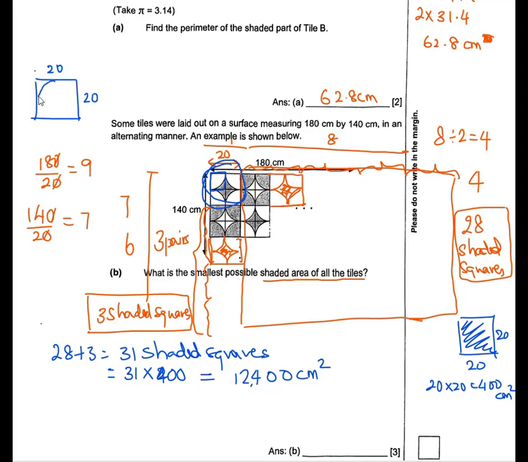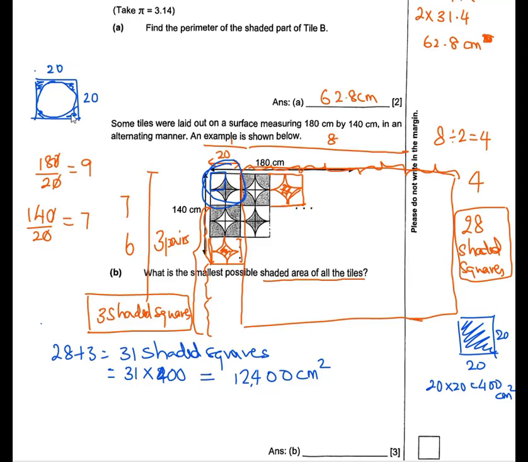Consider this as one circle. Now this is the shaded region. If I want to find the shaded region, I find the area of the square, and from that I subtract the area of the circle. What is left is the area of the shaded region.